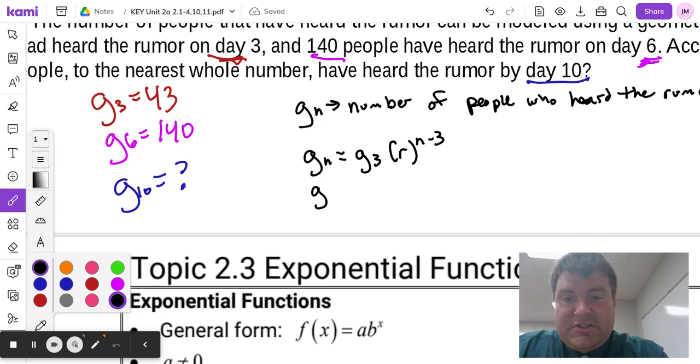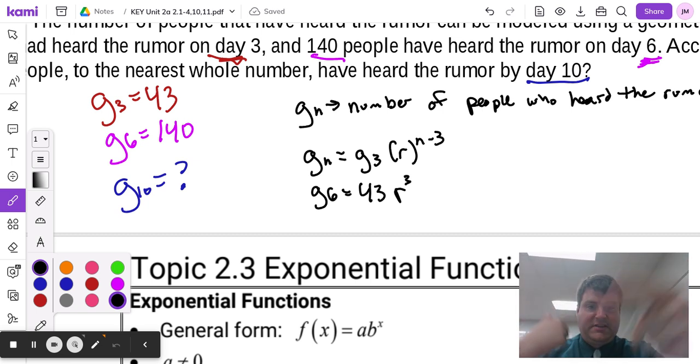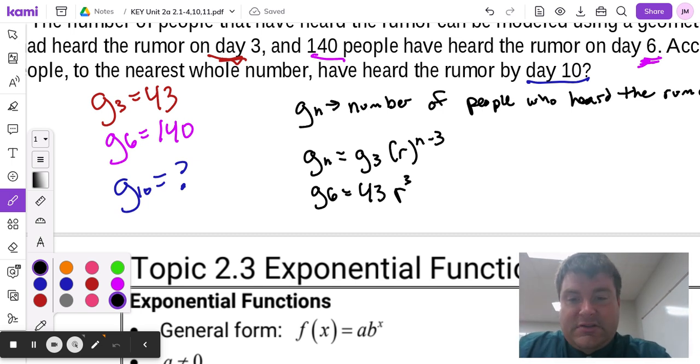So let's go ahead and do G sub 6. I'm going to plug in a 6 for n, and G sub 3, which I know is 43, times r to the third. So G sub 6 is 140 equals 43 r cubed.